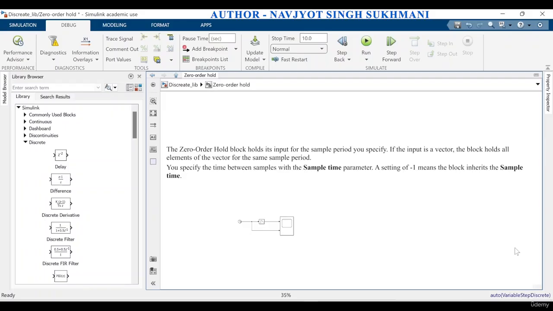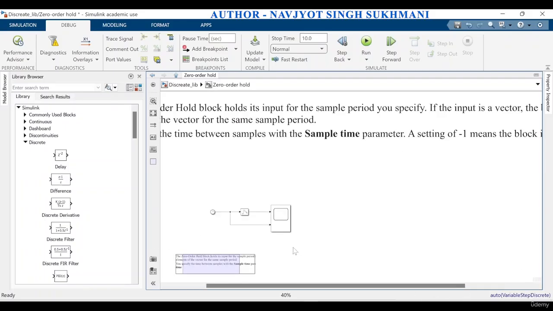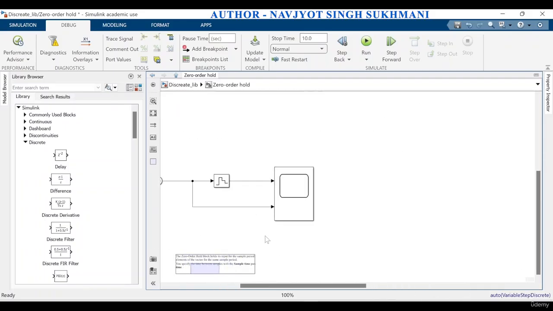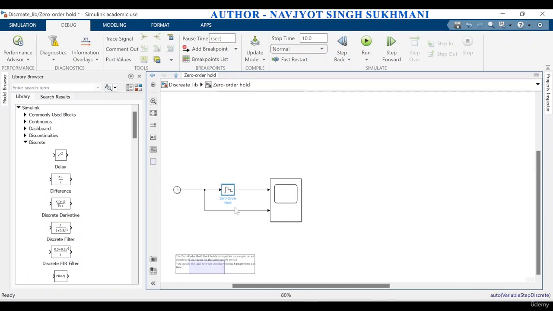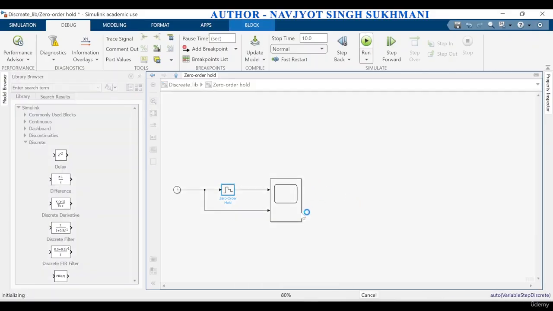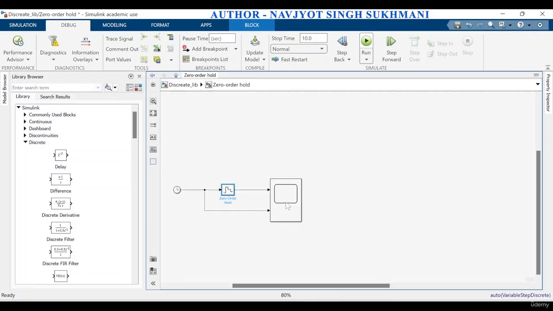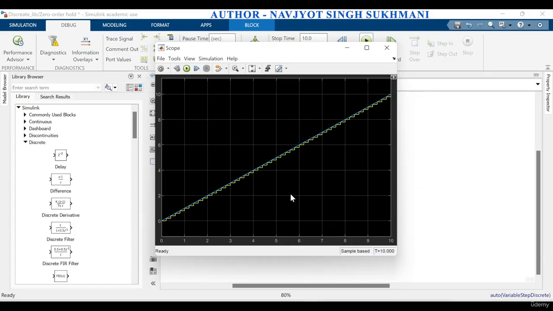Here you can see again I have created one model. A clock is simply connected to the zero order hold, and this is connected to the scope. If I simulate this, you can see it in the scope.